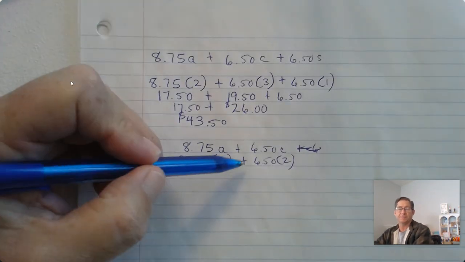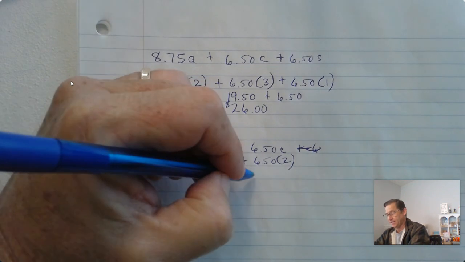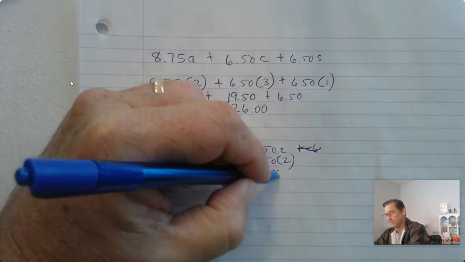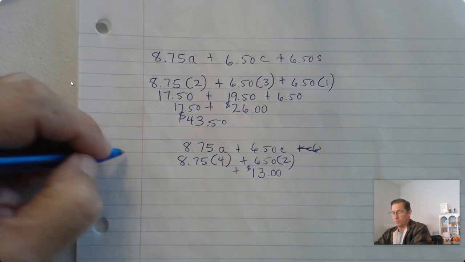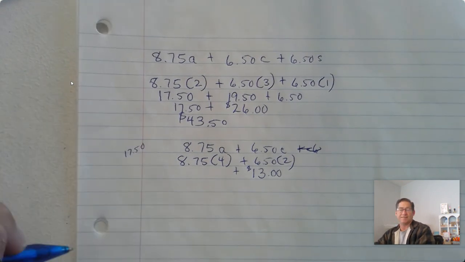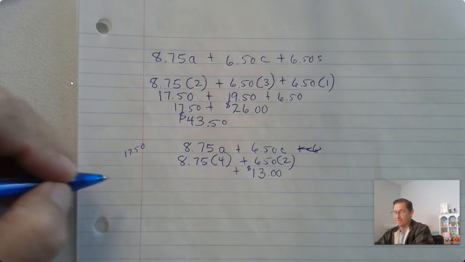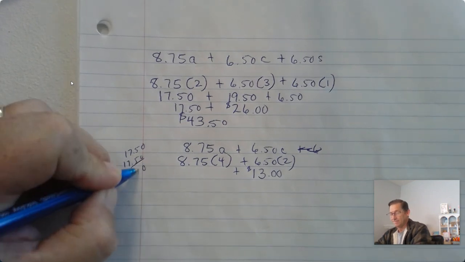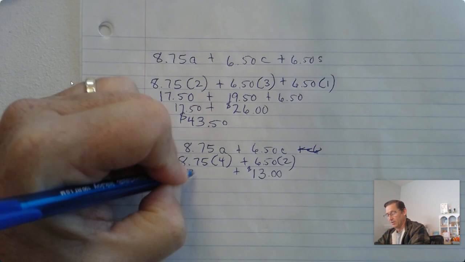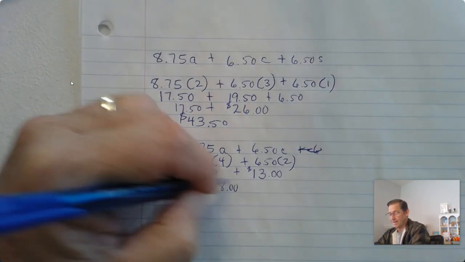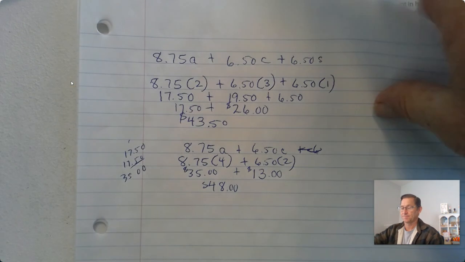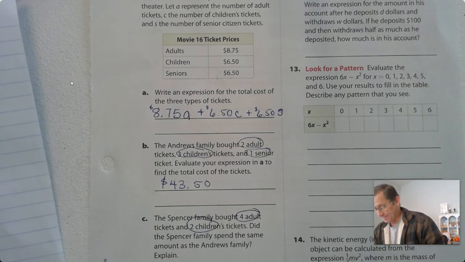All right, well, $6.50 plus $6.50 is $13. $8.75 times 4. Well, 2 $8.75s would be $17.50, so $17.50 twice is $35. $35 plus $13 is $48. So did they spend the same amount?